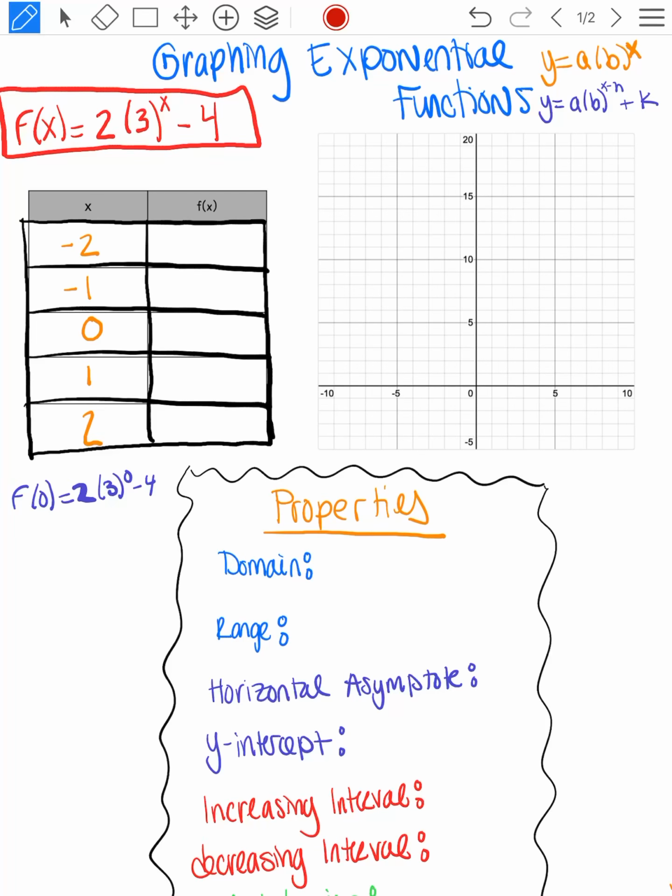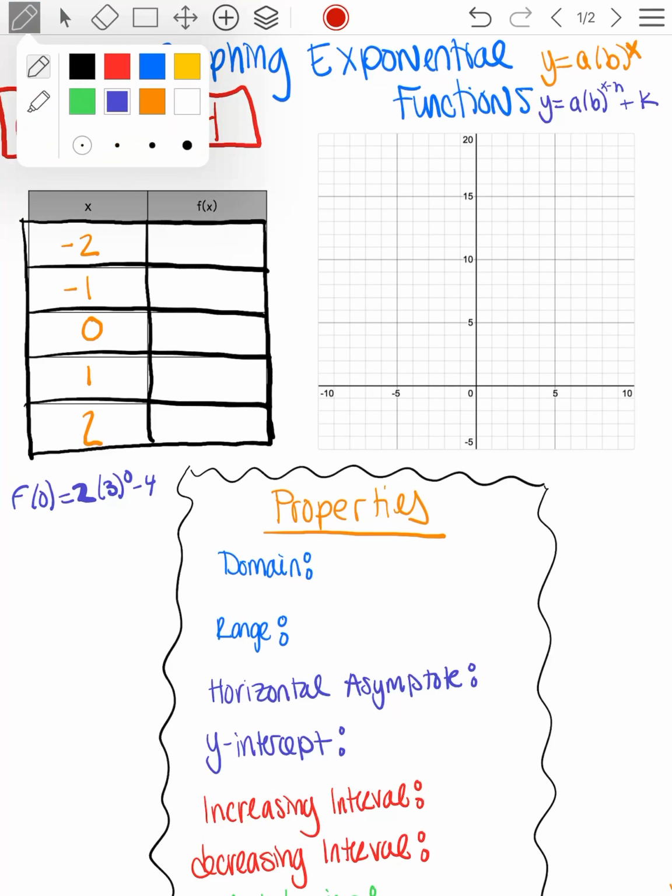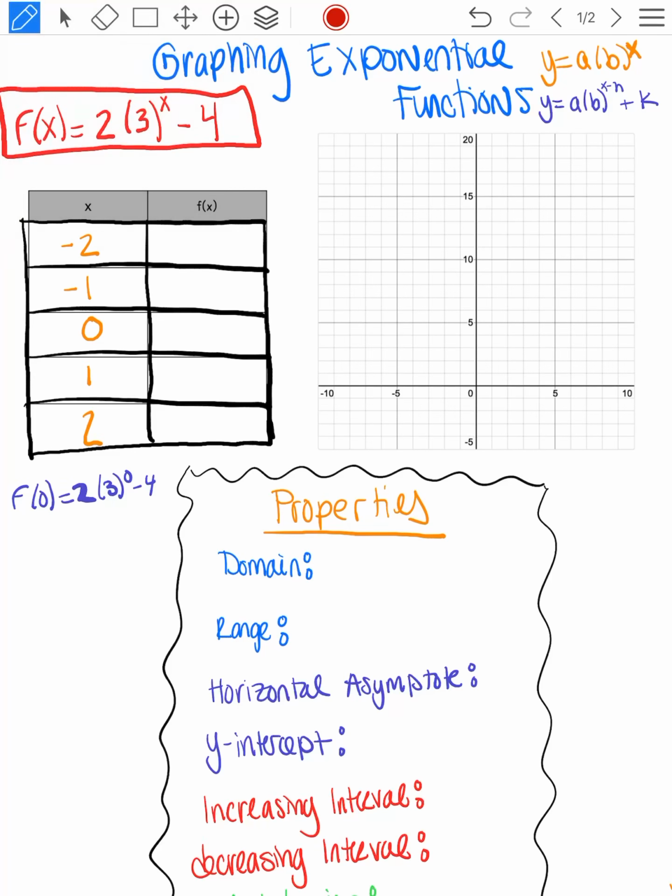And I need to evaluate, see what that is, and then that will help me figure out my y value. And the big thing we need to remember here is PEMDAS. Exponent comes before multiplication. The most common mistake is to multiply 2 times 3 first. That is not what we want to do. Exponent comes first. So we're going to do 3 to the 0 power.